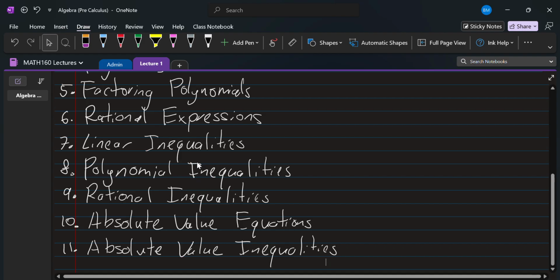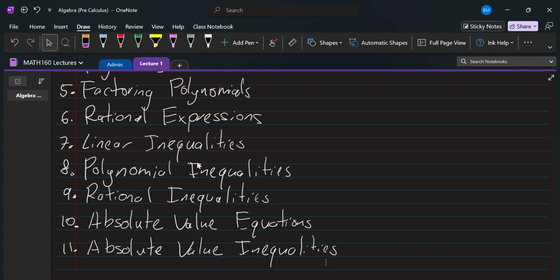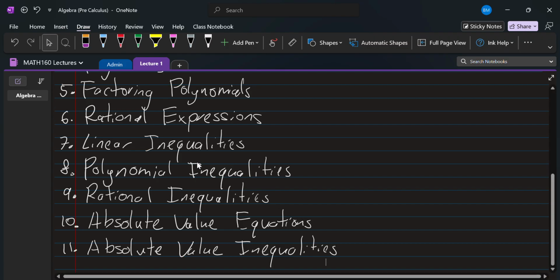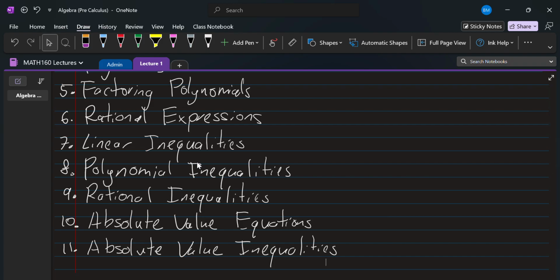This is not just work to waste time. These are all of the skills you need for us to start with differential calculus. When we get to calculus, I expect that you know all of this and that we can just start with functions. This will not be retaught when we're doing questions later on.